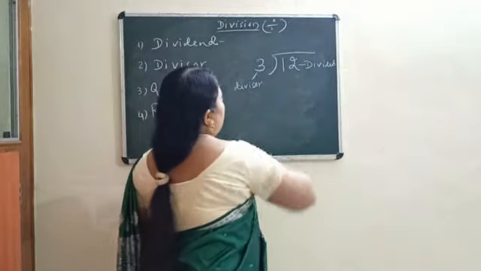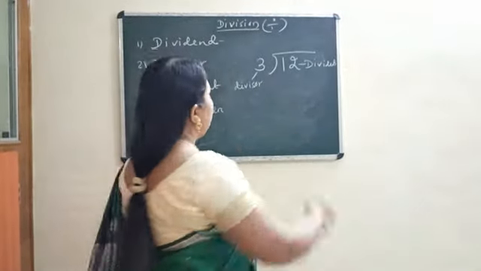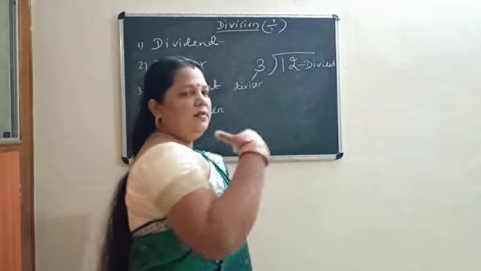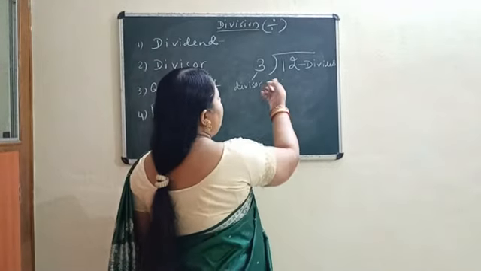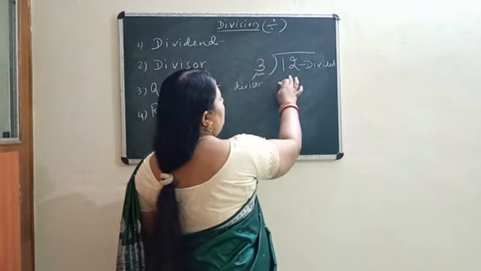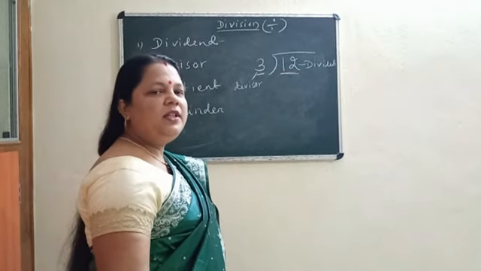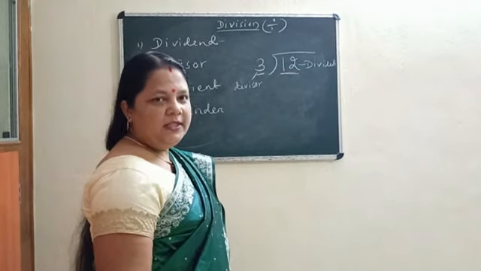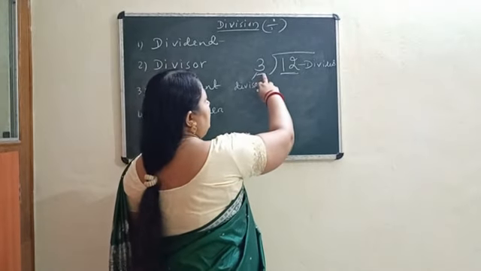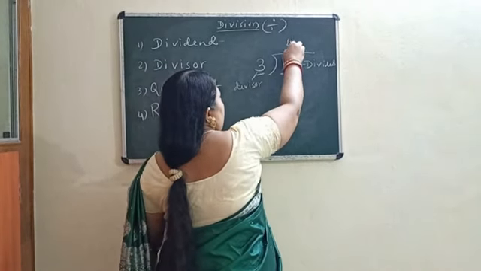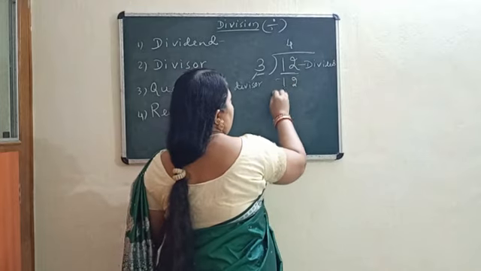So what to do? How to divide? We have to see how many times this 3 can go into 12. For that we need to learn the tables. Here 3 4s are 12 we are getting.